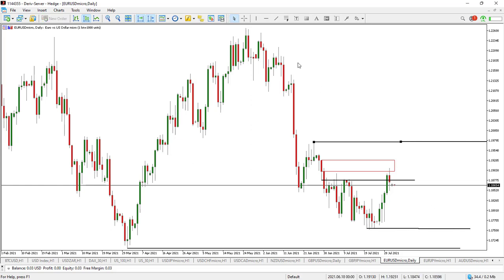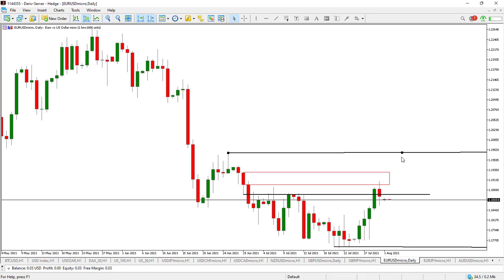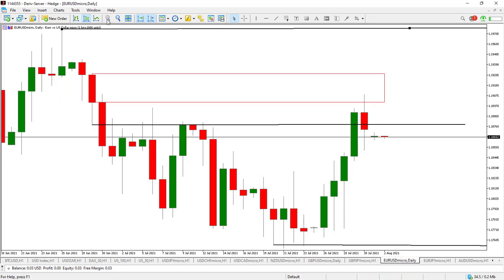Now we start to look for the closest 3-bar pattern, since we are having a bearish euro, meaning we are selling Euro USD. If we are looking for sell opportunities, we look for a 3-bar pattern closest to where the market is ranging at the moment, which is this one.